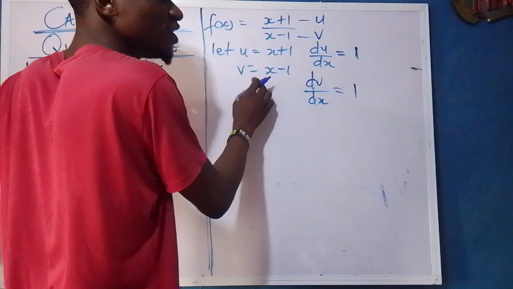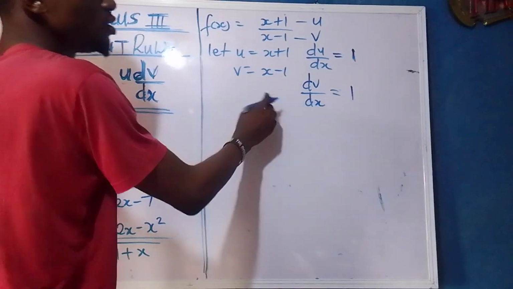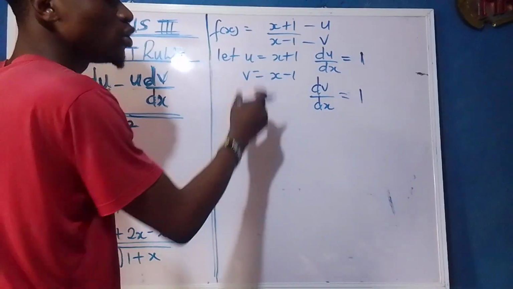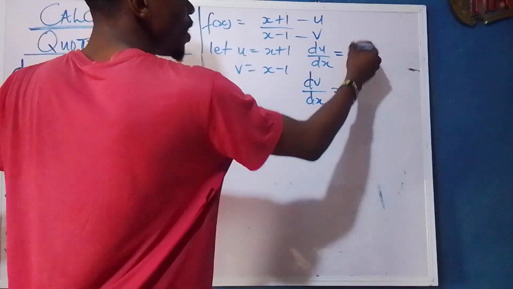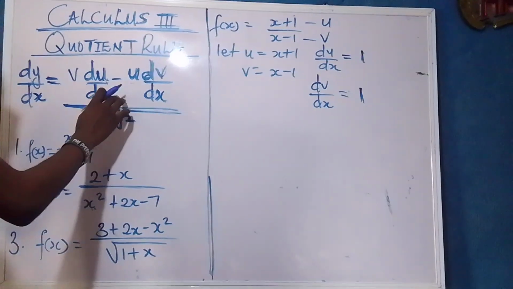Not only because I'm differentiating x, but anytime you are differentiating a singular variable like this, you are always going to have 1. Maybe y, maybe a, maybe b, you're always going to have 1. Then afterwards, I'll put these values into the formula of quotient rule.